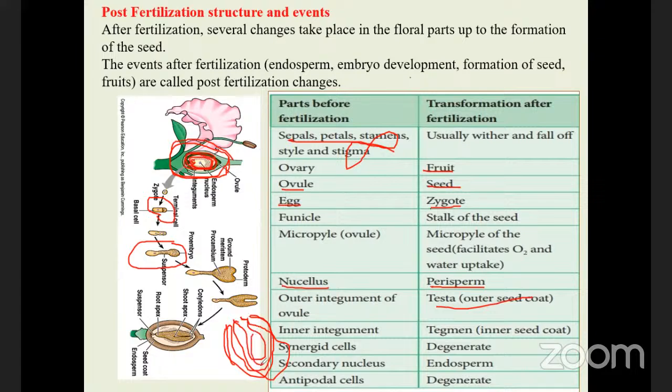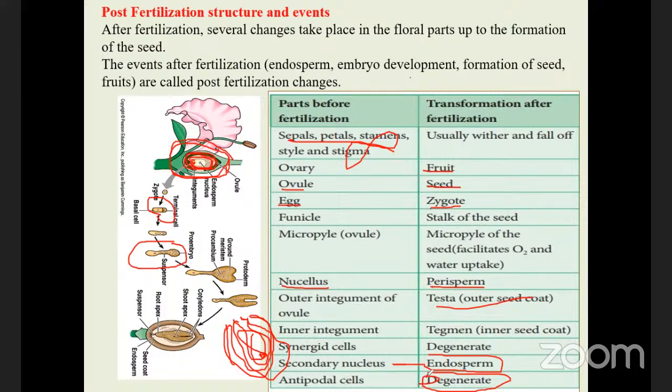Here the ovule will become the total seed. Here what is the embryo? It is there inside. Okay, and the synergid cells will degenerate. The secondary nucleus forms the endosperm by triple fusion, and the antipodal cells will degenerate. These are only vegetative cells, of no use in reproduction.